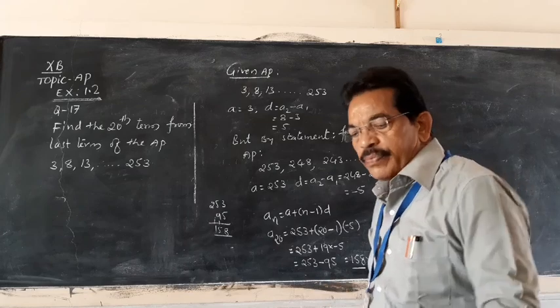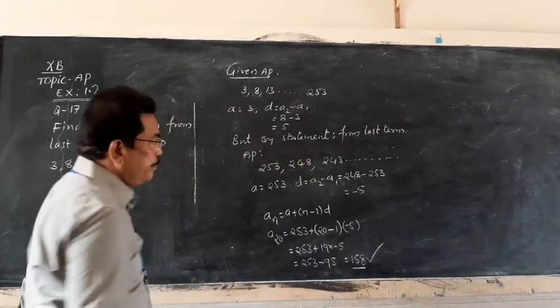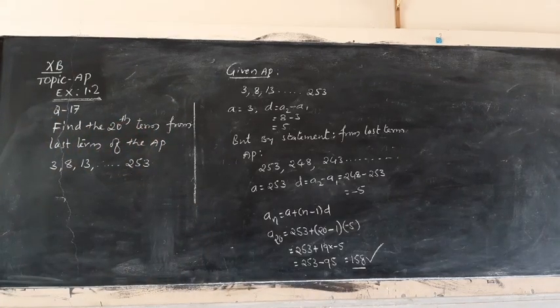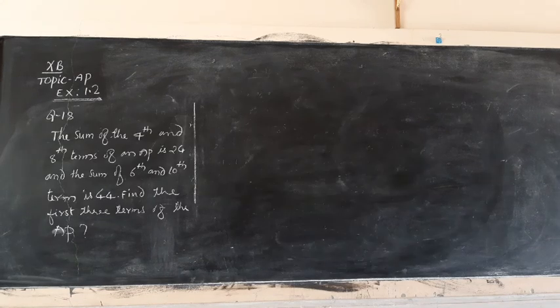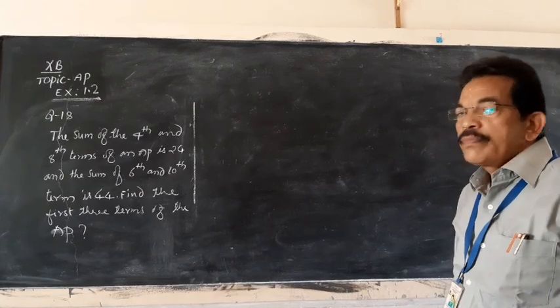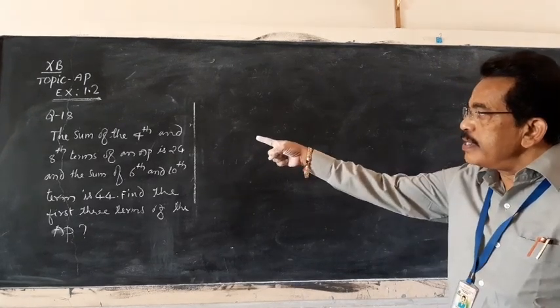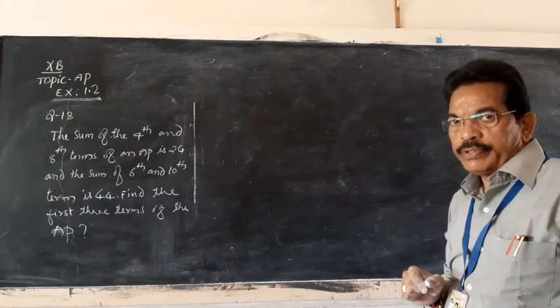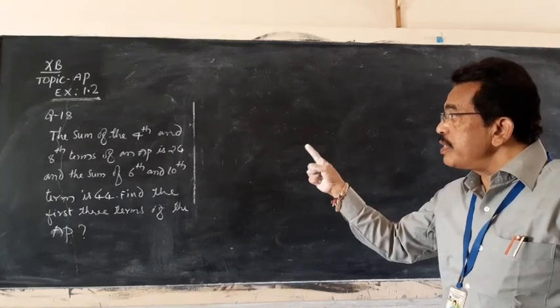See the solution. Question number 18, that reads like that: the sum of the fourth and eighth terms of an AP equals 24.